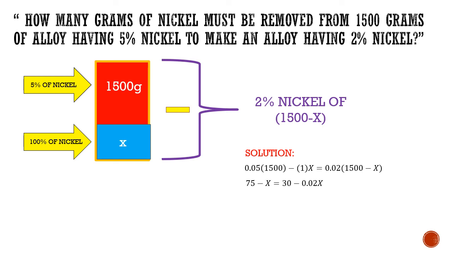Multiply lang natin yung mga naka-parenthesis. Then we will get 75 minus x is equal to 30 minus 0.02x. Combine like terms, we have 45 is equal to 0.98x, and divide both sides by 0.98 and we'll get x is equal to 45.92 grams.